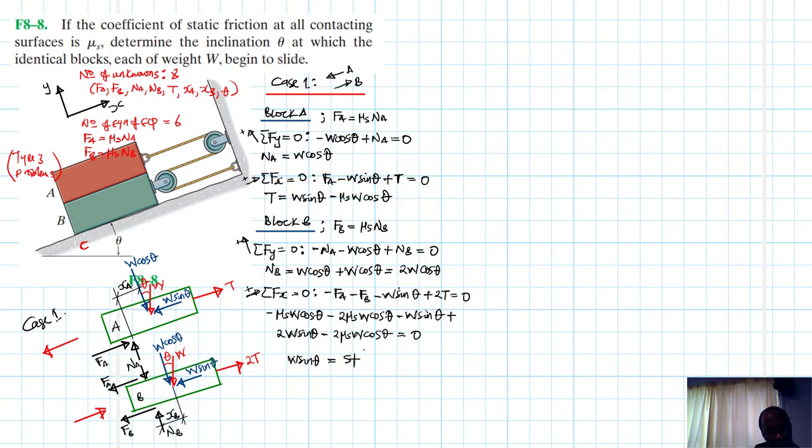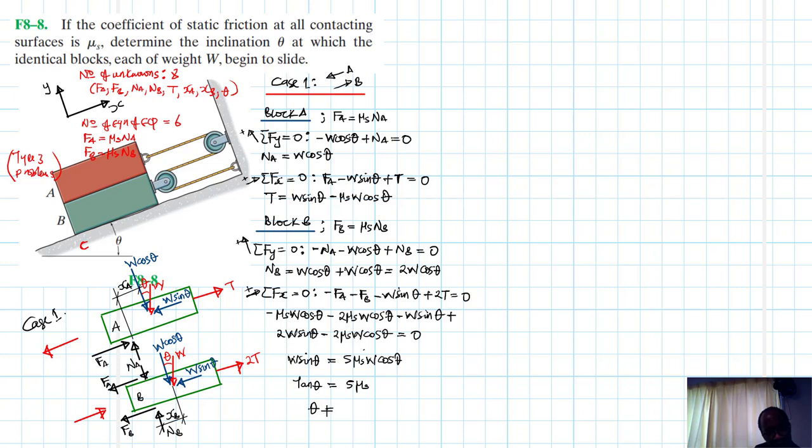So 5 mu S W cos theta. When we divide through by cos and W, this becomes tan theta equal to 5 mu s.